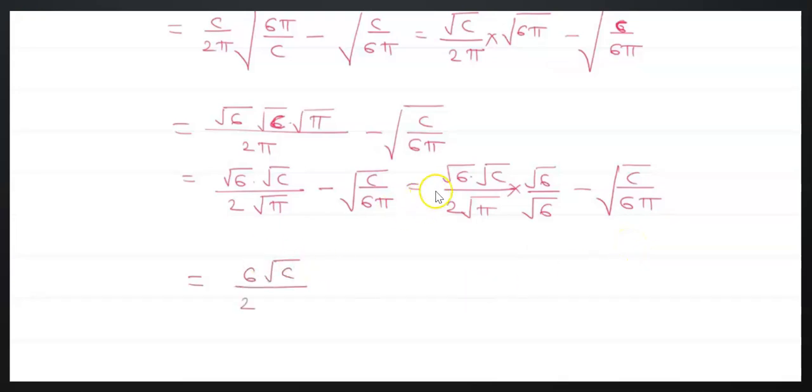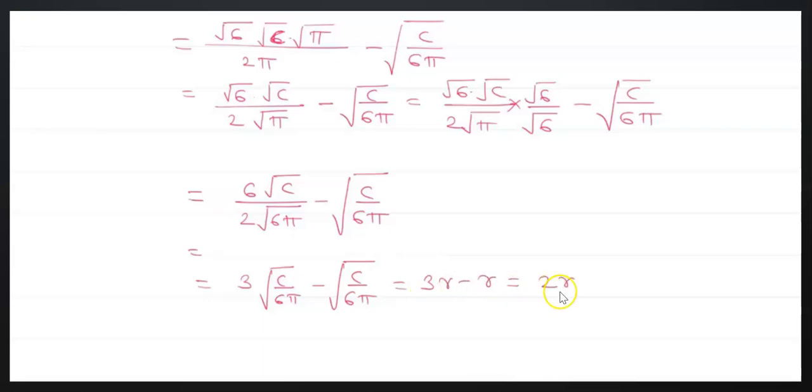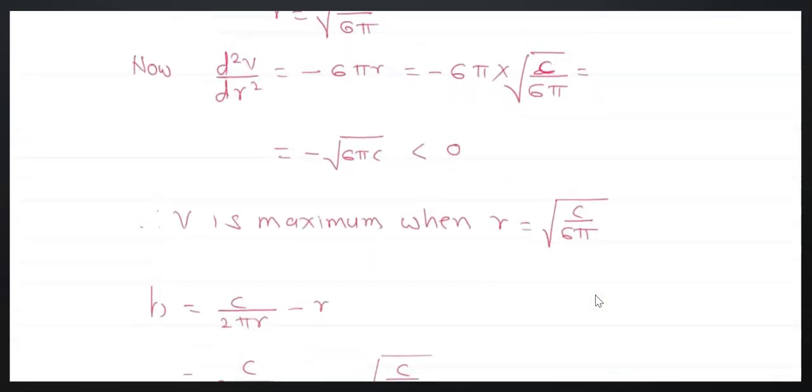Therefore you will get 6 root c upon 2 root of 6 pi, minus root of c upon 6 pi. And again the simplification: this is 3 root of c upon 6 pi, minus root of c upon 6 pi. That is 3r minus r, that is equal to 2r.